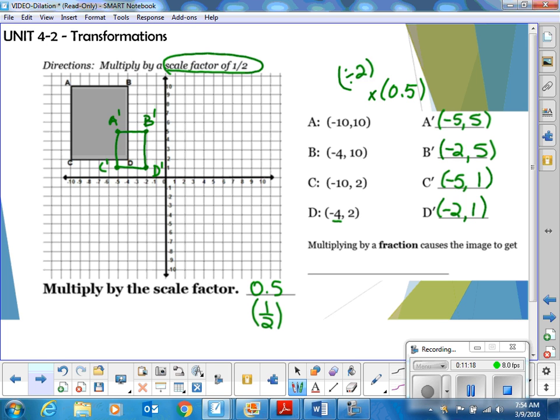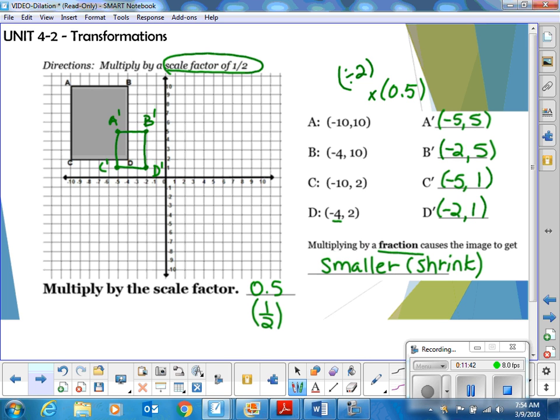Let's see, 1, 2, 3, 4. 1, 2, 3, 4, 5, 6, yeah. It's a little bit more than a fourth. Okay, so multiplying by a fraction or a number less than 1 causes the image to get smaller, or you can put in parentheses, causes it to shrink.